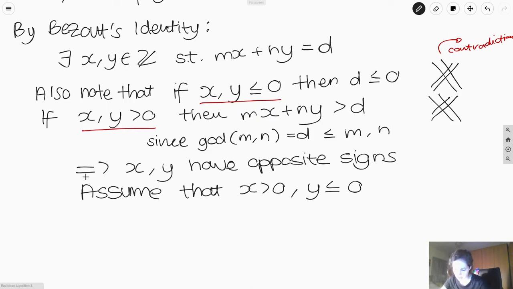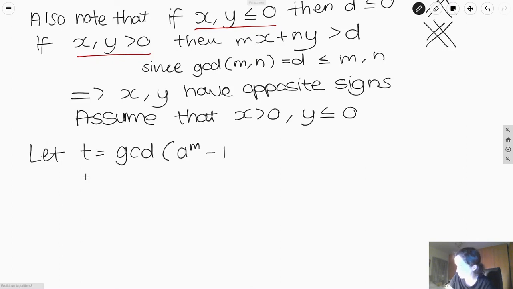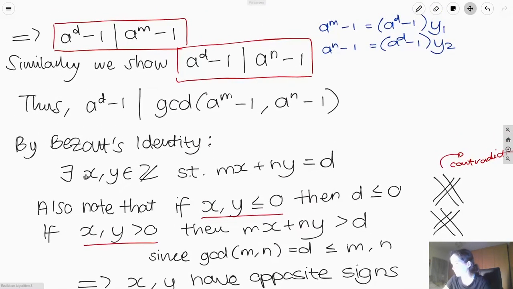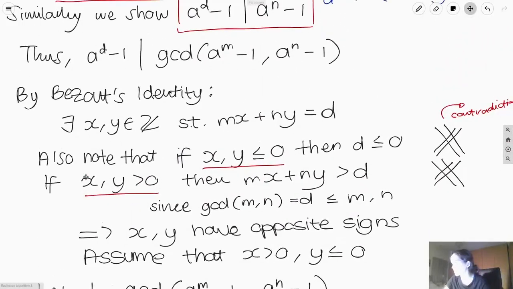Then we have that, now we're going to say, let t be the GCD of a to the power of m minus 1 and a to the power of n minus 1. If you recall, we had that a to the power of d minus 1 divides the GCD of a to the power of m minus 1 and a to the power of n minus 1. So now we have that this expression on the right hand side is equal to t.